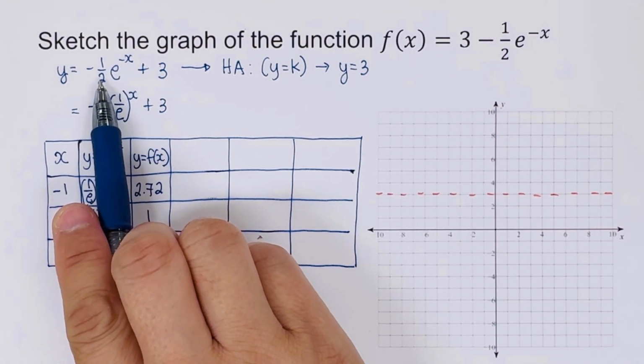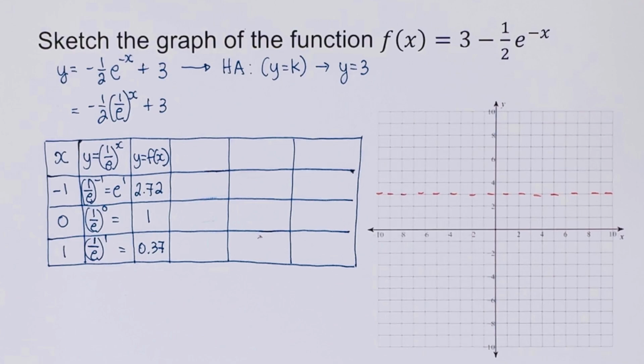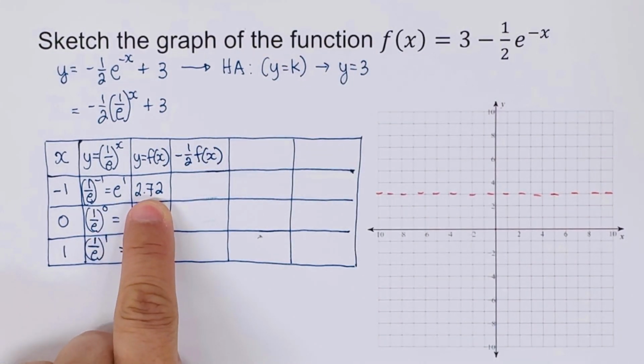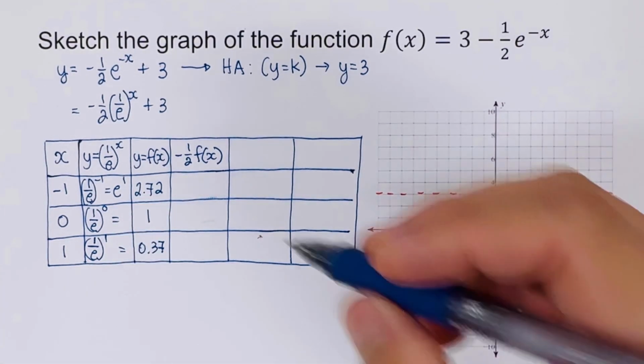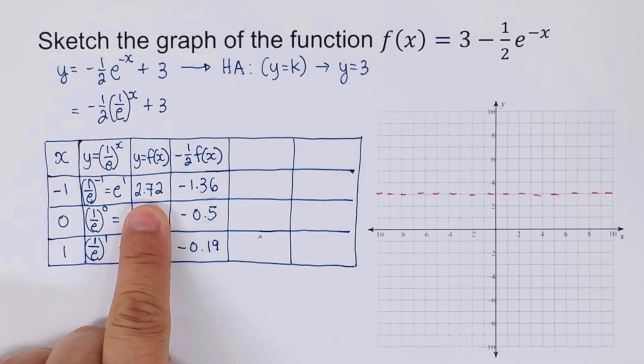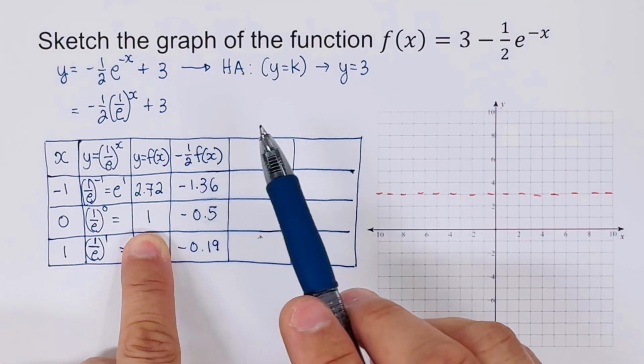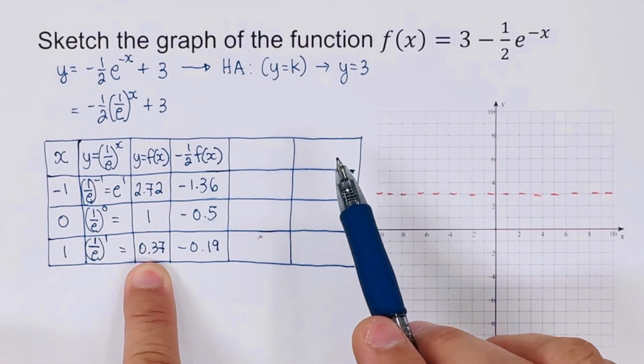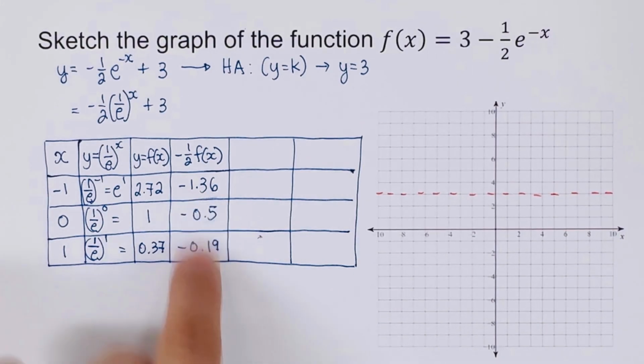So I will multiply -1/2 with f of x. So each of these values will be multiplied by -1/2 or -0.5. And this will be the values. So 2.72 times -1/2, 1 times -1/2, 0.37 times -1/2, and these are the values.